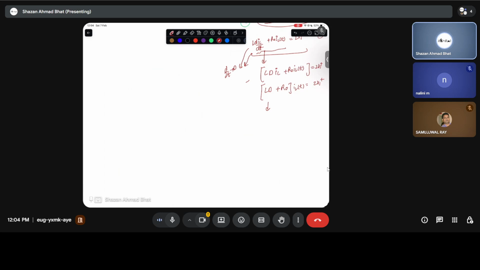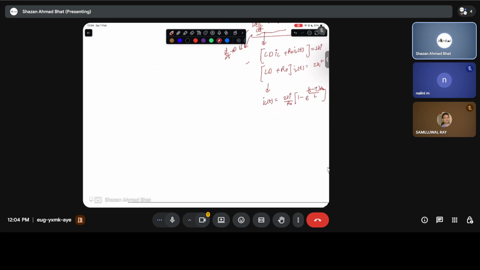Anyway, you arrive at a solution which looks like I_L(t) equals 2V1+ divided by R0 times (1 minus e to the power minus (t minus T) R0 divided by L), with no multiplication, or it can be a unit step, but it doesn't matter. So this is the exact solution of this differential equation.